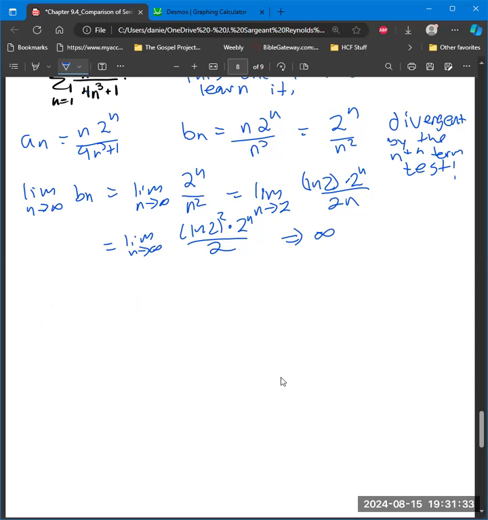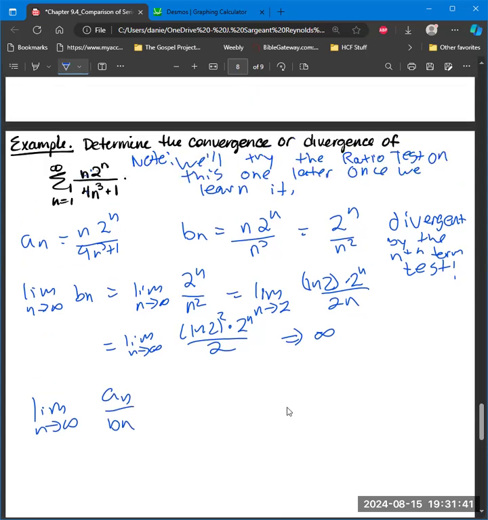The limit as n goes to infinity of AN over BN is equal to the limit as n goes to infinity of n 2 to the n over 4n cubed plus 1 divided by n 2 to the n over n cubed.